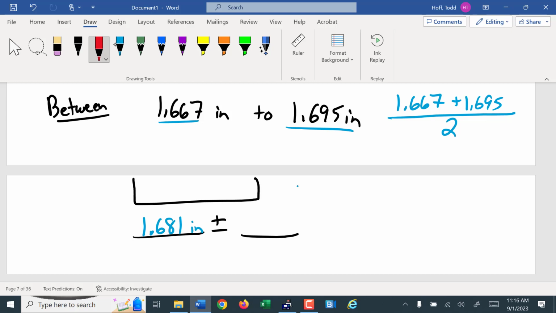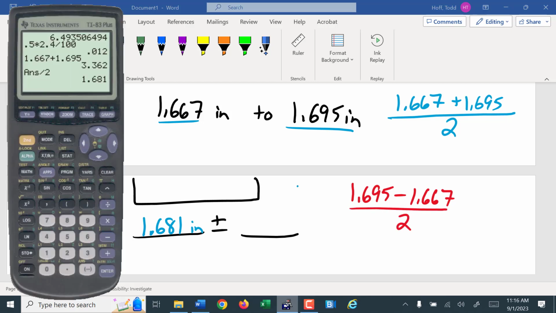To find the allowance, the plus or minus, we do have to do what you were saying before. Subtract them. 1.695 minus 1.667 and divide it by 2. Once again, you hit equals before you divide by 2.